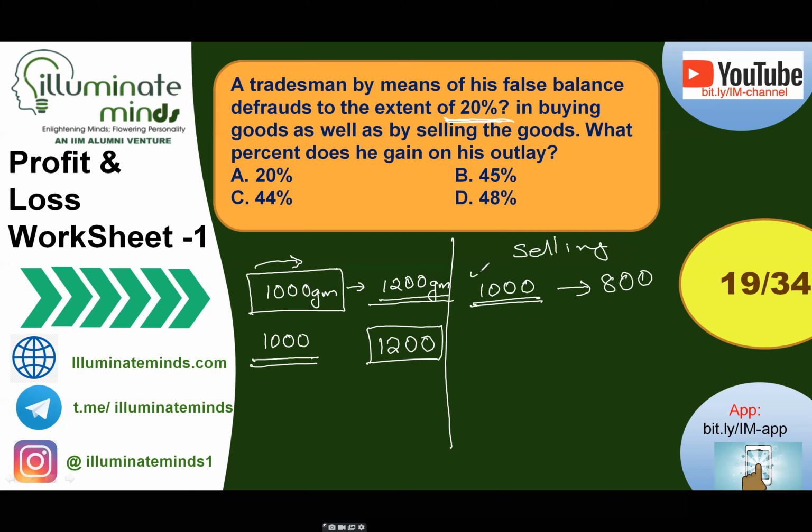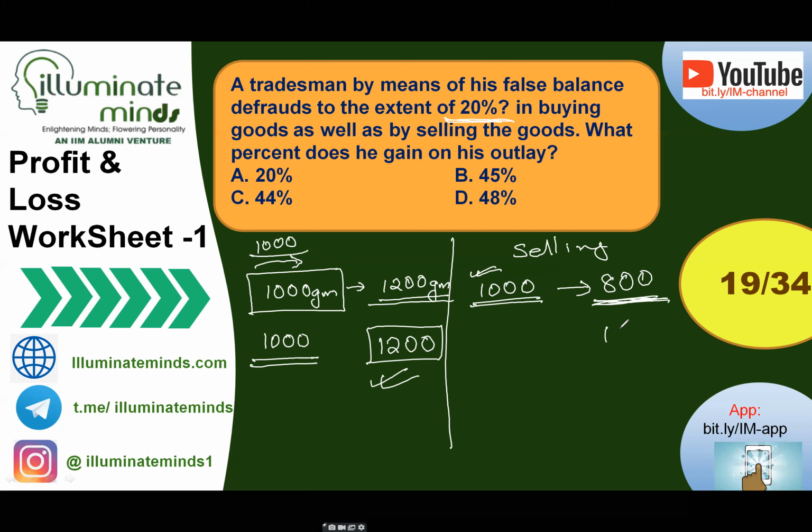So when he's selling 1000 grams, he actually sells only 800 grams. So now he paid 1000 rupees to this guy and he captured 1200 grams of something. Now, while selling, he's showing off that I'm selling you 1000 grams, but he's actually giving only 800 grams.